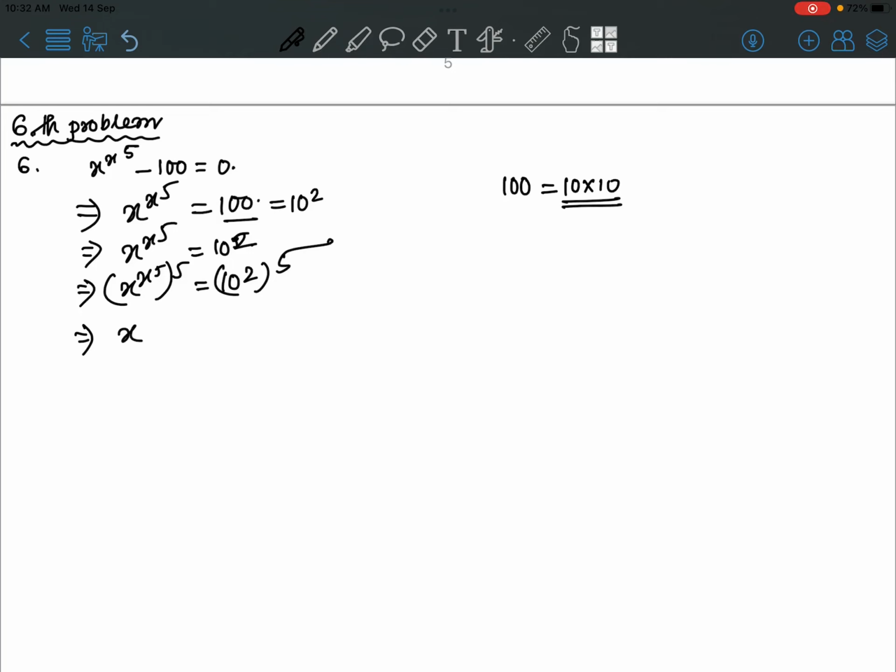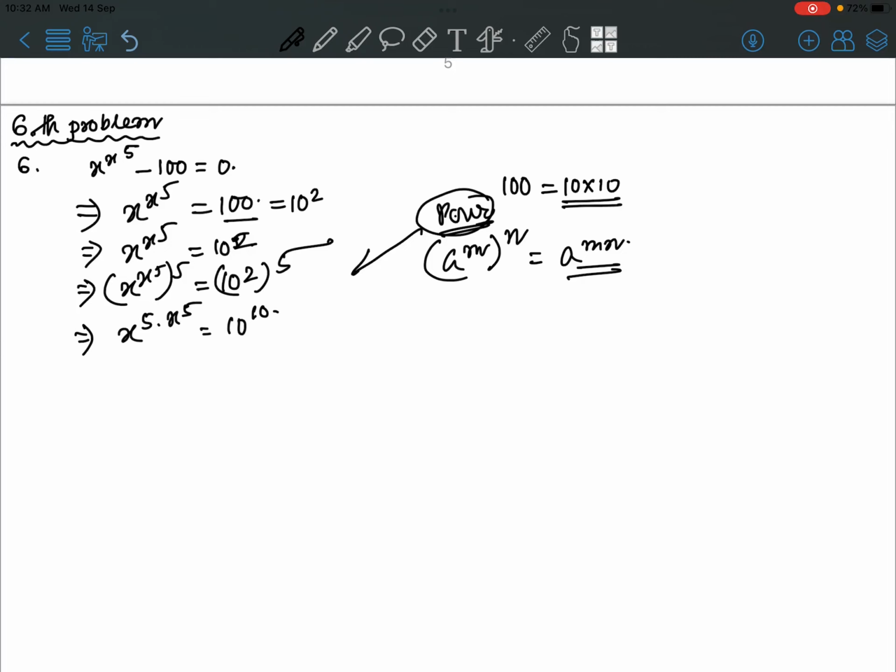Now x to the power 5 whole to the power 5 can be written as x to the power 5 into x to the power 5, and 10 to the power 2 whole to the power 5 can be written as 10 to the power 10, because a to the power m whole to the power n equals a to the power mn. So this is the power formula. Here in this case we use this formula. So now x to the power 5 whole to the power x to the power 5 equals 10 to the power 10.